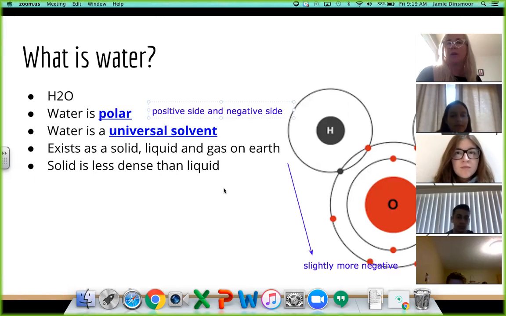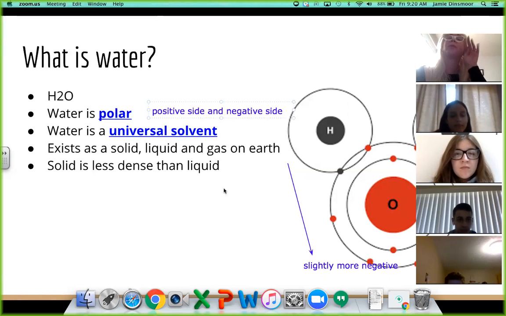And another weird thing about water, the solid is less dense than the liquid. Usually solids are more dense, right? Matter gets more compacted. Usually that means solids are heavier, denser. Like if you think about a substance, I'm trying to think of something else that could be a solid and a liquid that we might see on Earth. There's not really that many of them.